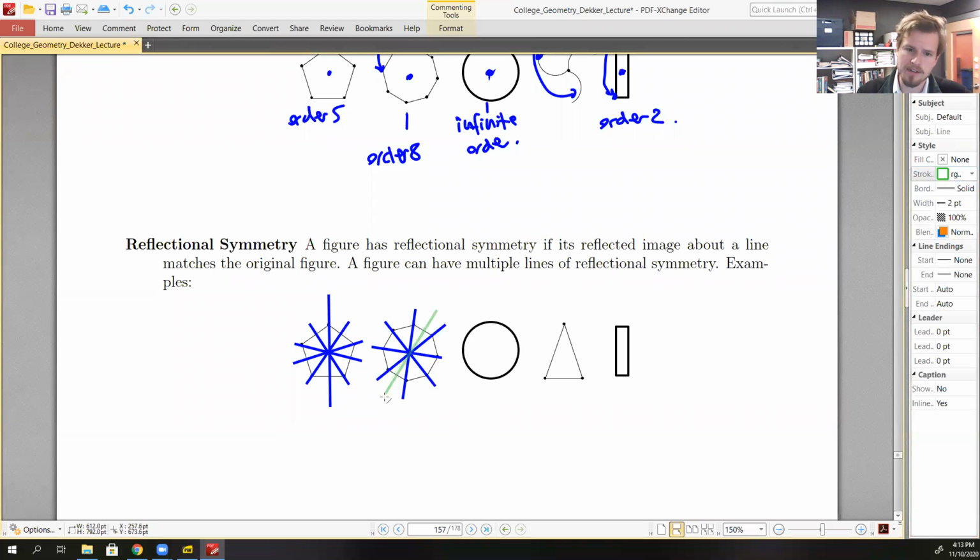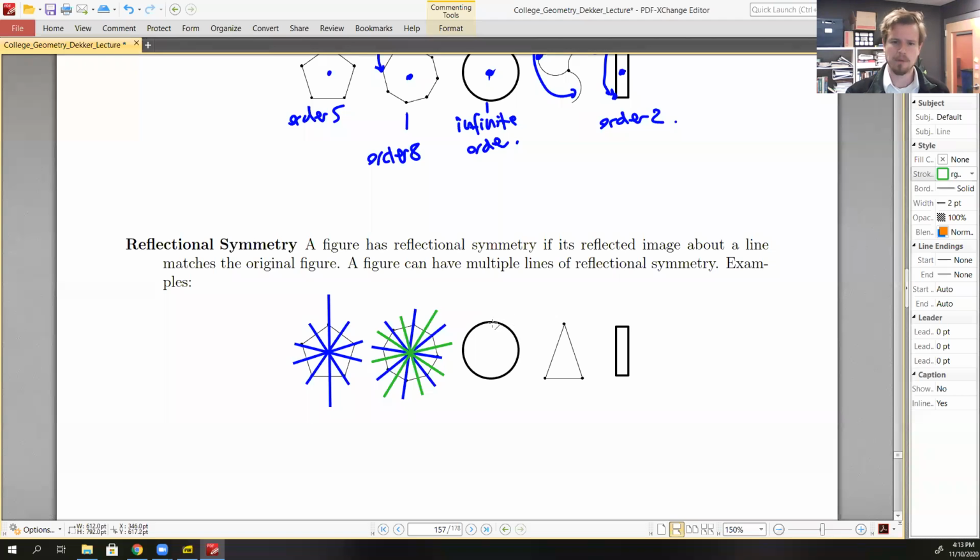If I reflect through the midpoints of 2 opposite sides, again the image on the left and the image on the right look the same, so I end up with the same geometric figure. I can do that with any pair of opposite sides. That gives me 8 lines of reflectional symmetry.